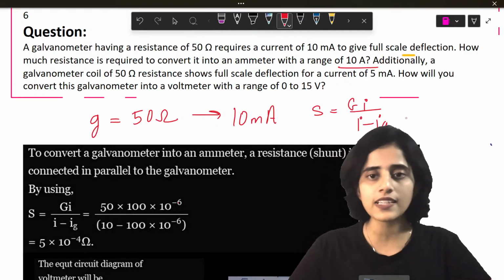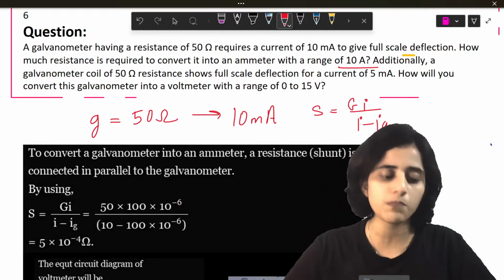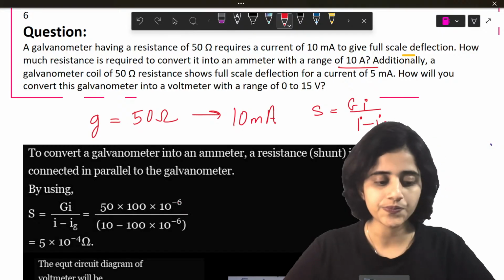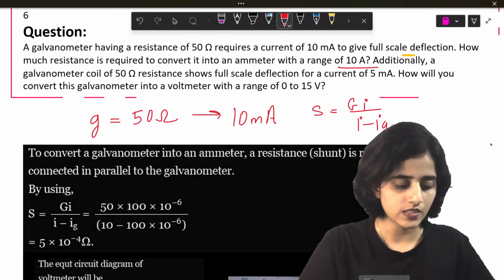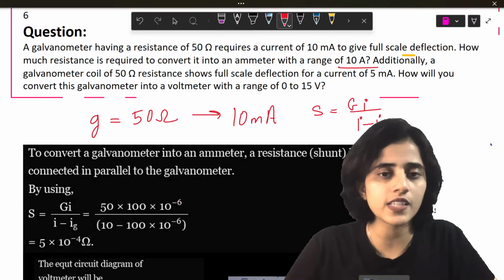So, 10 minus 10 into 10 raised to minus 3. What else is given?